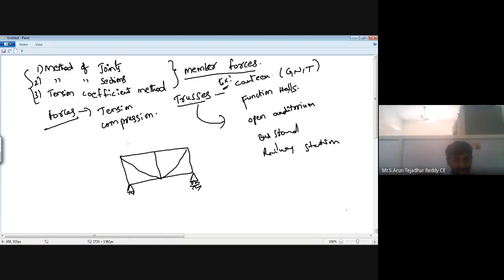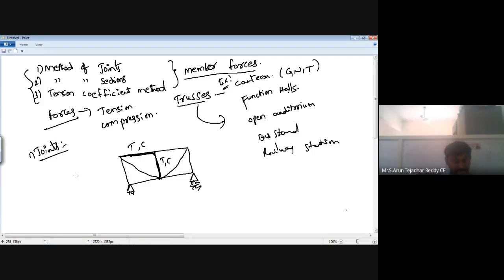Finally, we have to determine whether each member is in tension or compression, for each and every member. So we need to find all the member forces. That is our aim. But in this, first of all, our method is joints.